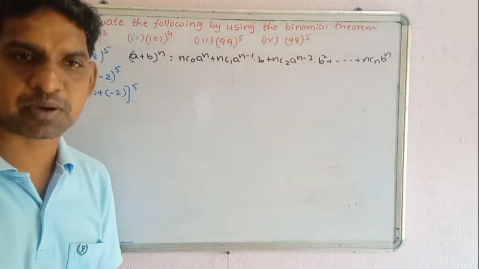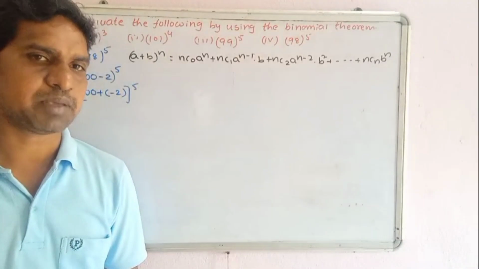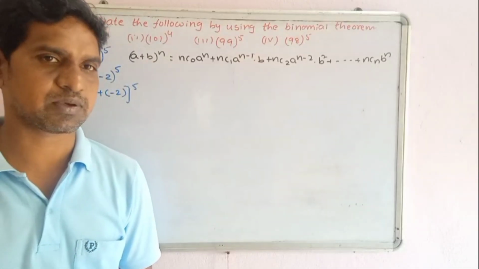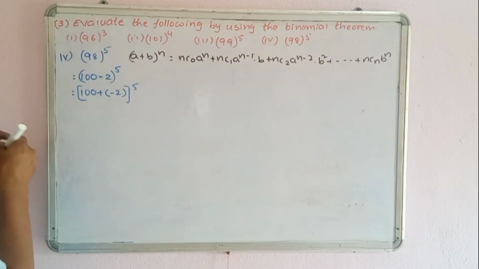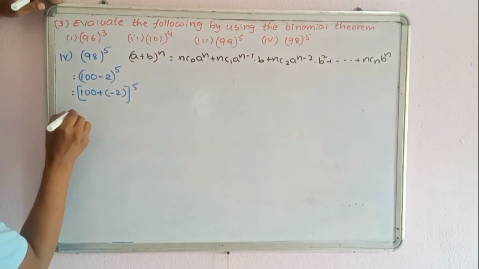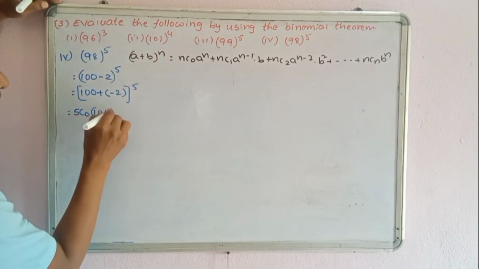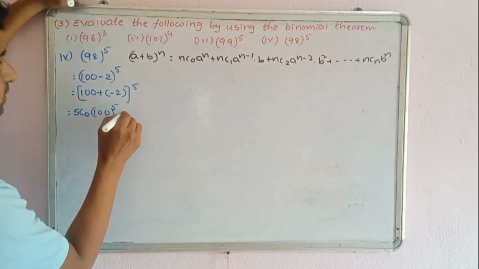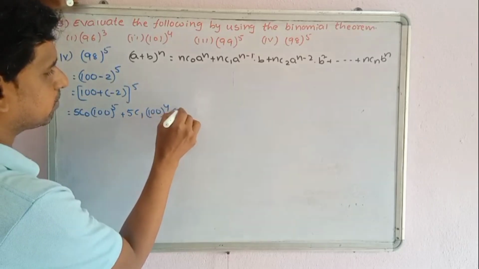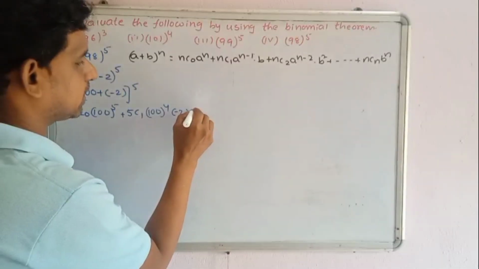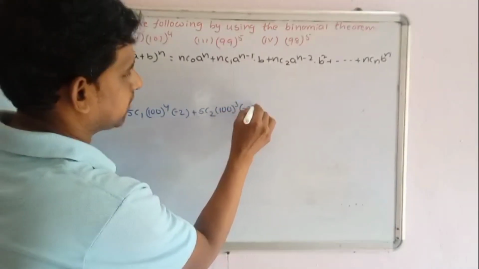Now this is how the form (a plus b) whole power n looks. The formula of (a plus b) whole power n is nc0 a power n, plus nc1 a power n minus 1 b, plus nc2 a power n minus 2 b square, and so on, up to ncn b power n. So nc0 first: 5c0, 100 power 5, plus 5c1, 100 power 4, minus 2, plus 5c2, 100 power 3, minus 2 square.